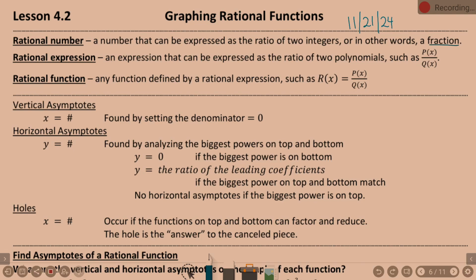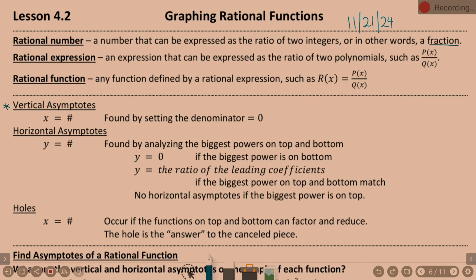Okay. Vertical asymptotes. First of all, let's start with the basics. Which way is vertical? Up and down, yes? Do we know that? I don't know. There was a point in my life that I got it confused, so don't know where you guys are at. But a vertical asymptote is always of the form x equals a number. Okay?